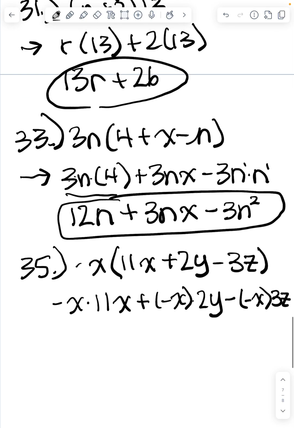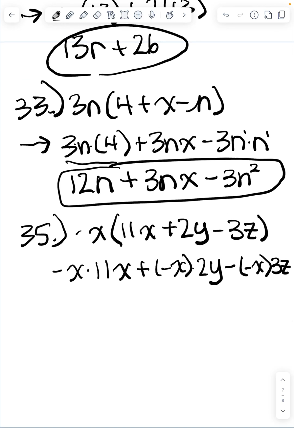Now we have to clean up all of our possible multiplying, all of our exponents, all of our subtractions, positives, negatives. Okay, so this first term here, I've got an x to the first, an x to the first. Both of these are going to make it.